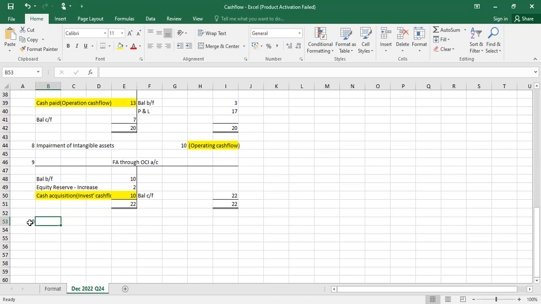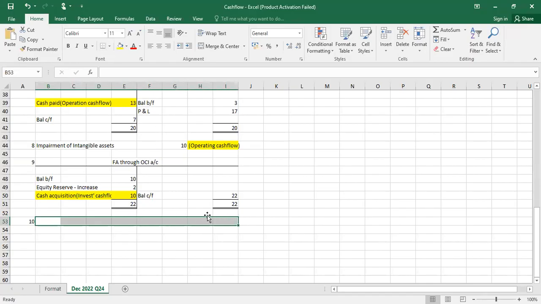Now, what else we can work out? Let's look at the item gain on financial asset at fair value, the revenue account in the income statement.